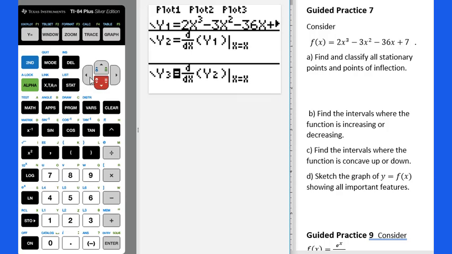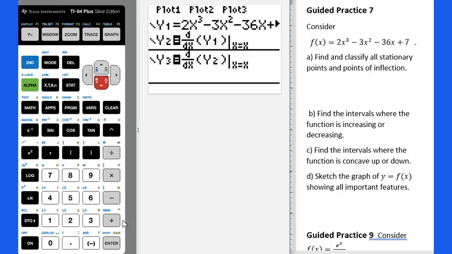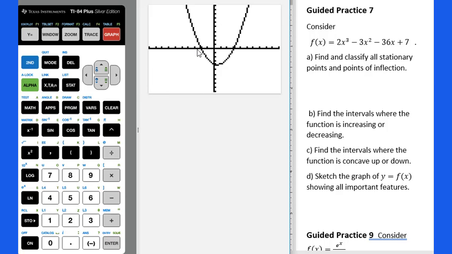I will highlight this y2. That's the first derivative. I will find the x-intercept. These x-intercepts are -2 and 3. We already figured that out from A.